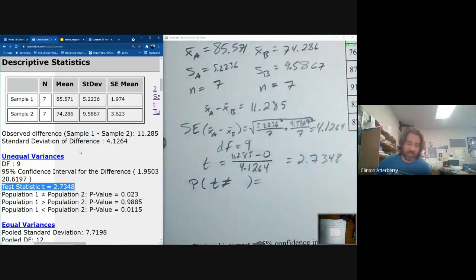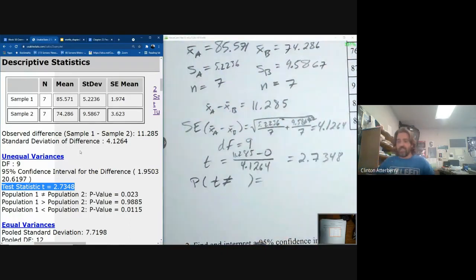And then we got to find the probability of that number. So we go to a student's t-table.